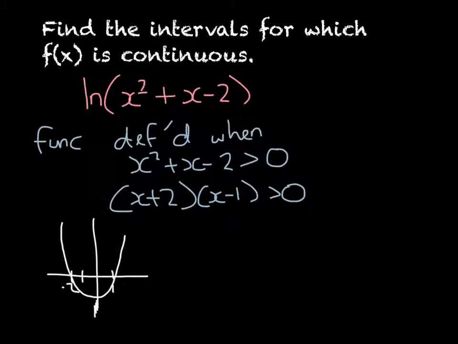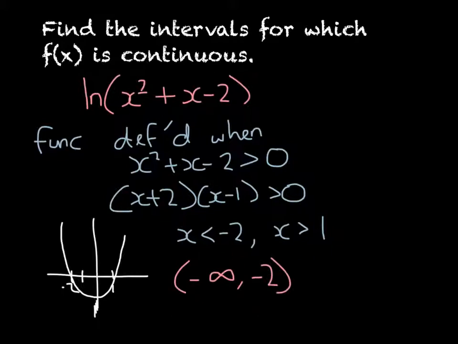So from this we can see that our function is greater than 0 when x is less than negative 2 or x is greater than 1. So these are the intervals for which f of x is continuous, or in other words, from negative infinity to negative 2, and, which we can designate with a sort of U symbol, meaning union, from 1 to infinity.